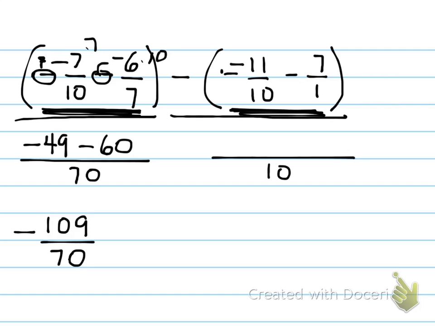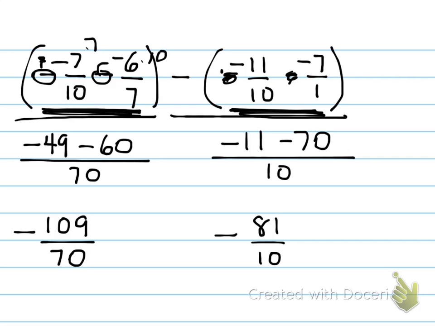Remember, these minuses are going to go up here with the top. Okay. 10 divided by 10 is 1 times negative 11 is negative 11. 10 divided by 1 is, be careful, 10 times negative 7 is negative 70. Now, the signs are the same, so I'm going to keep the sign and add the numbers. Okay?